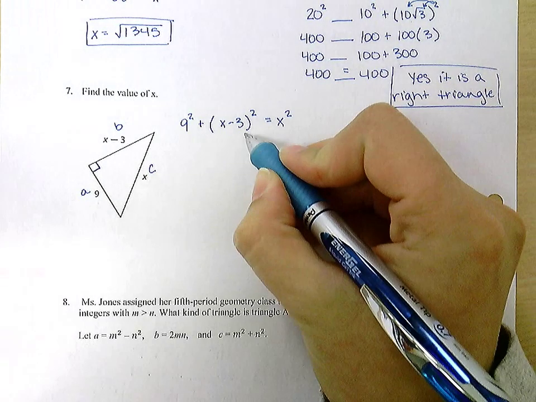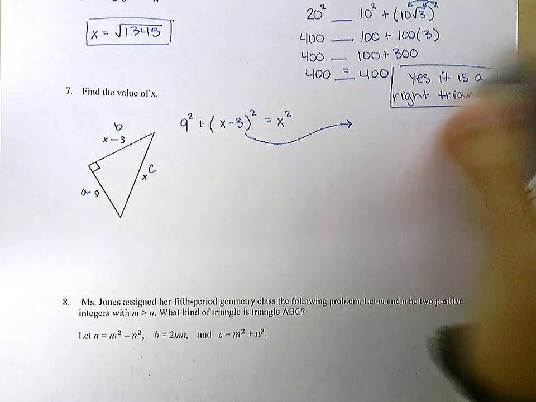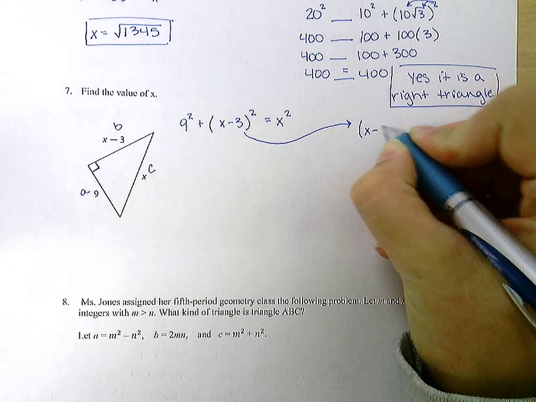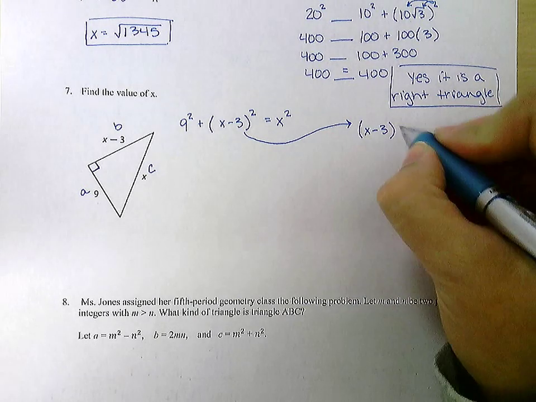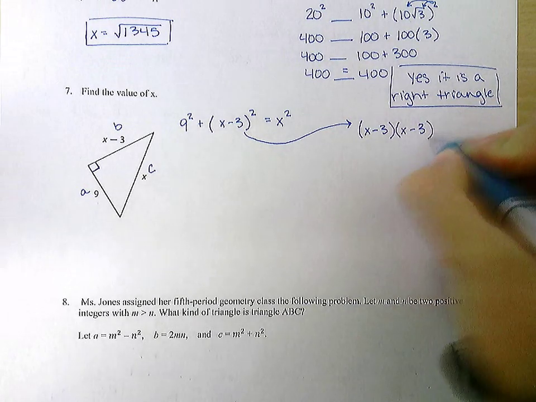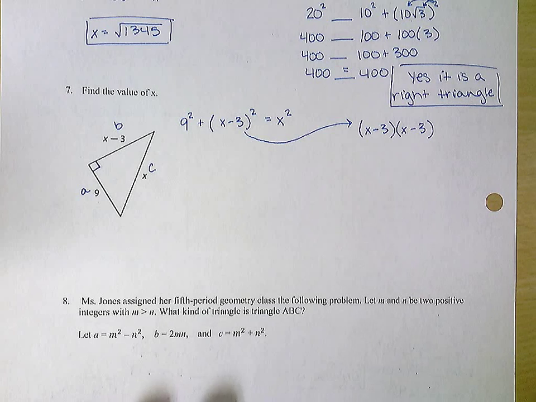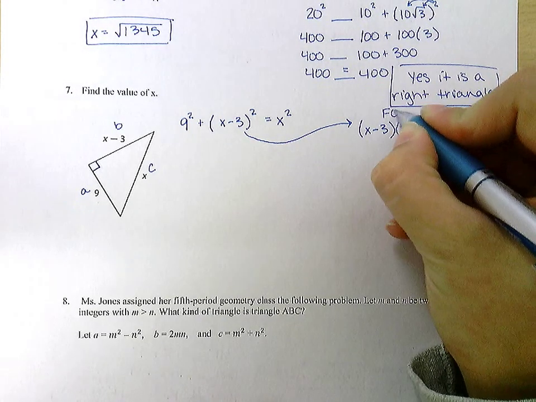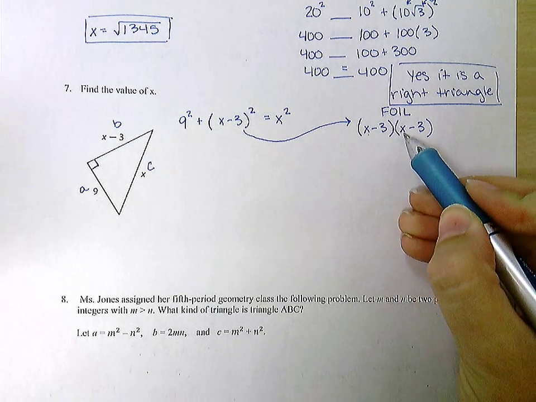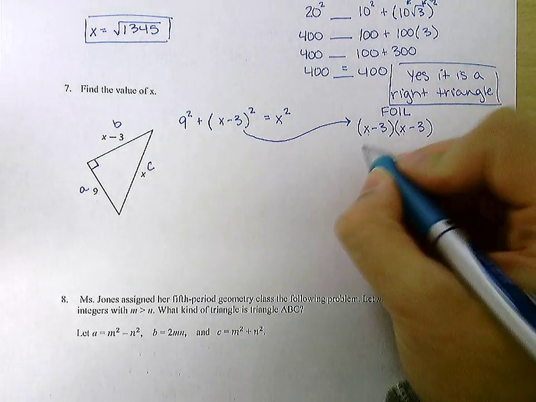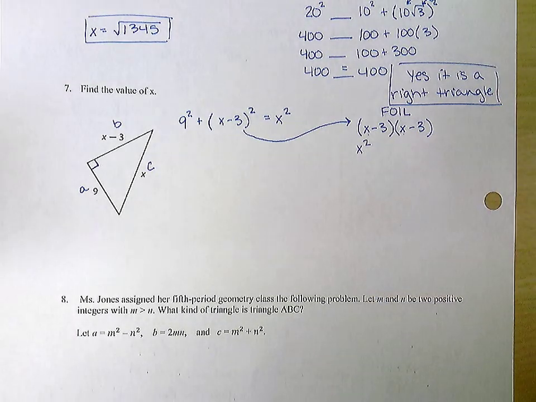So I'm going to bring that over here. So that means I have x minus 3. That quantity, you have to multiply it by itself, which is x minus 3. Do you remember how I multiply those? FOIL. Okay, you do have to FOIL this. So multiplying your first terms, I have x times x, that's x squared.